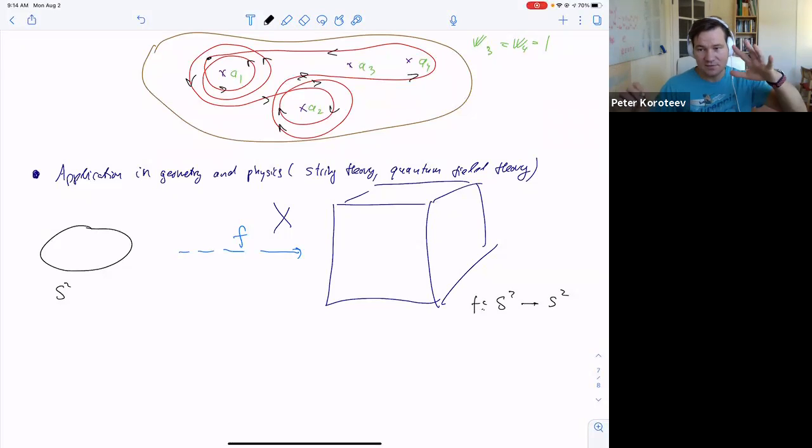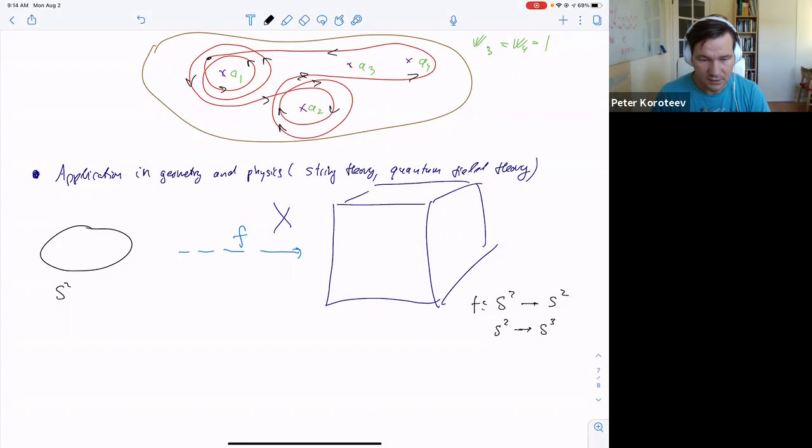The sphere can wrap itself several times, and these maps can be very complicated. That's what the topologists study. For example, maps from S2 to S3. If you wrap a 2-sphere around a 3-dimensional sphere, how does this look? It's also very complicated.